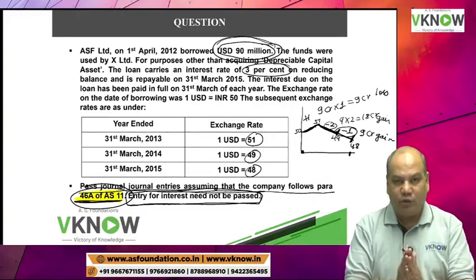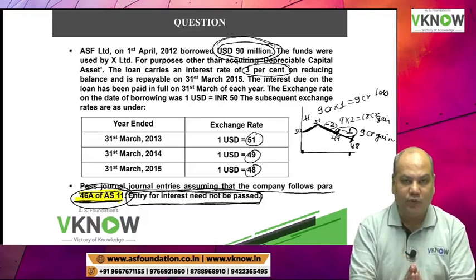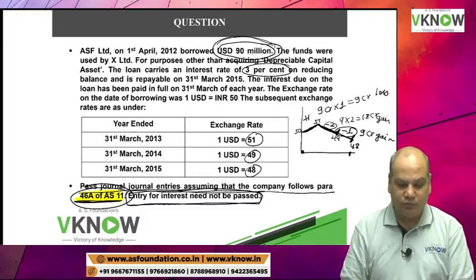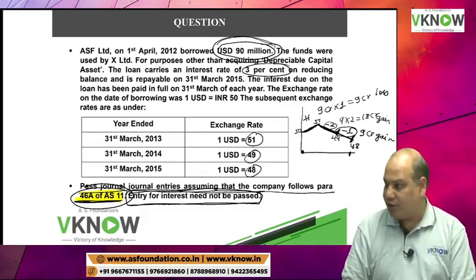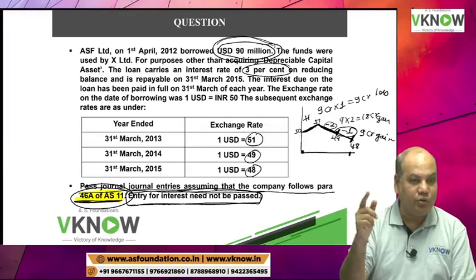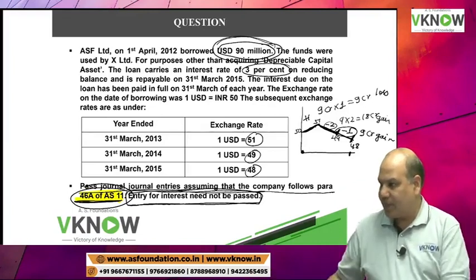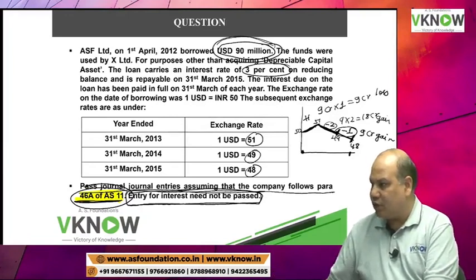The life of the loan is 3 years, so we are going to amortize the exchange difference over the 3-year period. Is it right? Say yes. Once you say yes, it is right, we are ready to go ahead. Are you all ready with the question?